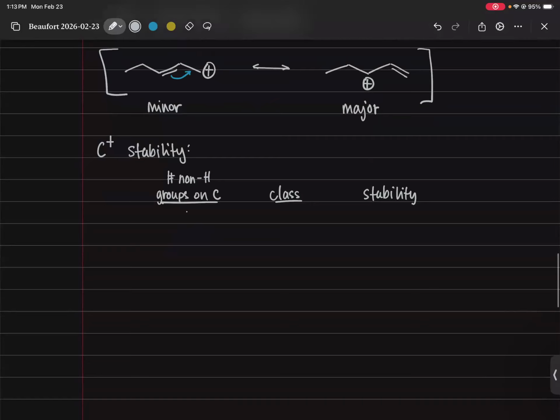So if we have no non-hydrogen groups on the carbon, so all of the substituents, quote unquote, are hydrogens, that's just CH3 plus. Carbocations only have three things attached to them. It could be hydrogens or other things. CH3 is a methyl group, so this is a methyl carbocation. And these are the least stable.